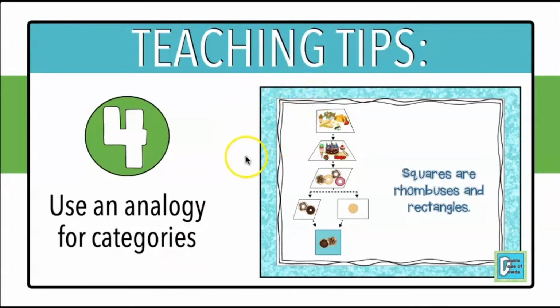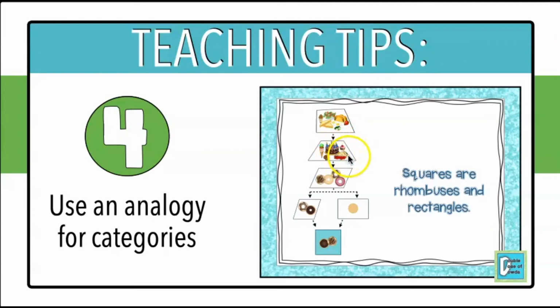Tip number 4 is whenever you're talking about classifying anything really, but especially when we're talking about classifying polygons or quadrilaterals or triangles or whatever it is, I recommend having an analogy for those categories. For instance, in the PowerPoint that I use to teach, we talk about different foods, and I relate all foods to a quadrilateral.